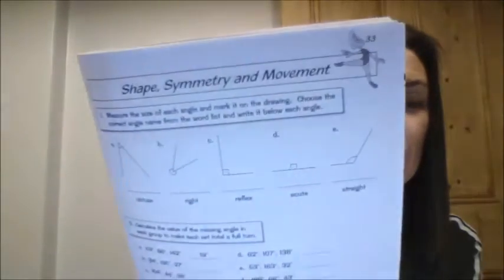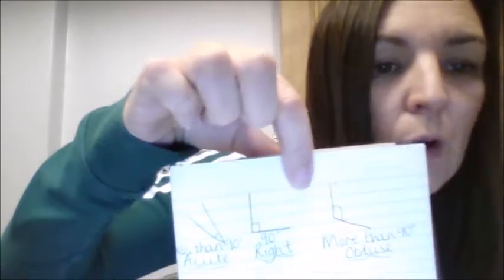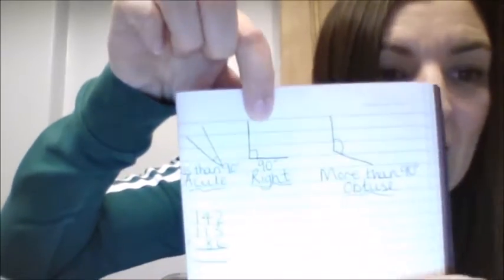So the first little section has got angles on it, and it is asking you what these different types of angle are. Just a little reminder of what the angles are. So you've got three different types of angle. The middle one here is a right angle.